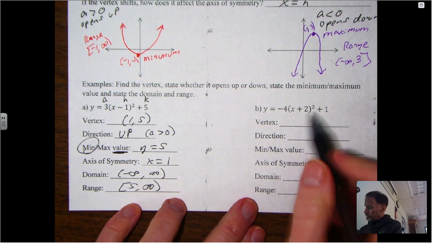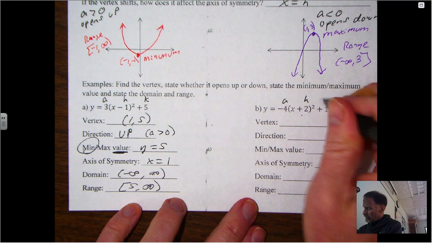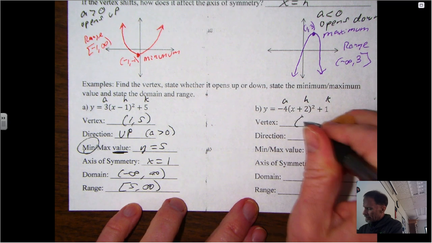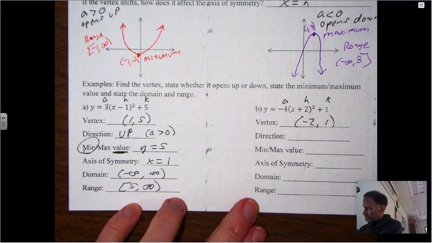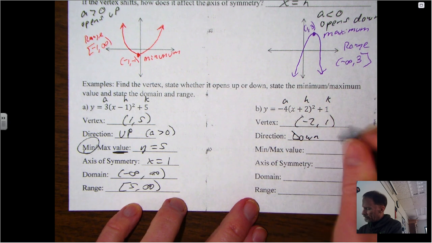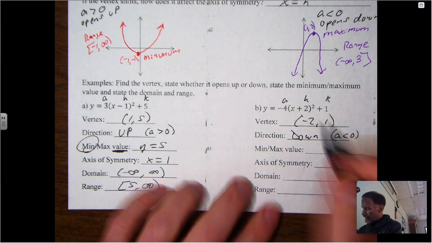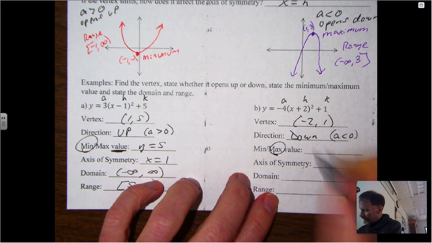How about letter B? Vertex. Change the sign. So again, that's a, h, and k. So my vertex is (-2, 1). a is negative, so it's going down. Since it's going down, it's going to be a maximum point. And again, y value.